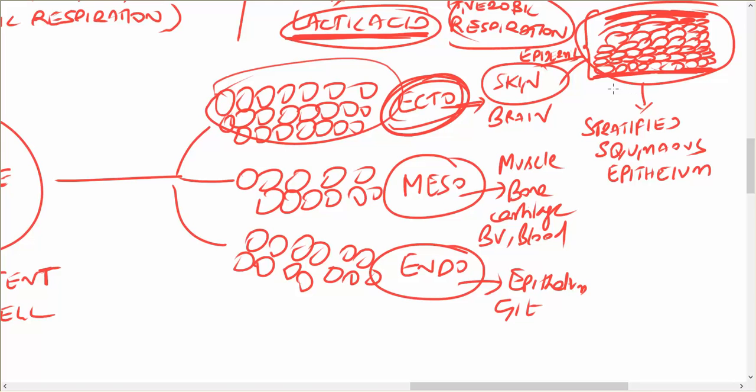All the layers, the basal layer, that is the base cells, sit on the membrane called the basement membrane. Beneath the basement membrane, we have connective tissue that is called dermis. This dermis contains blood vessels, and all this comes from the mesoderm.